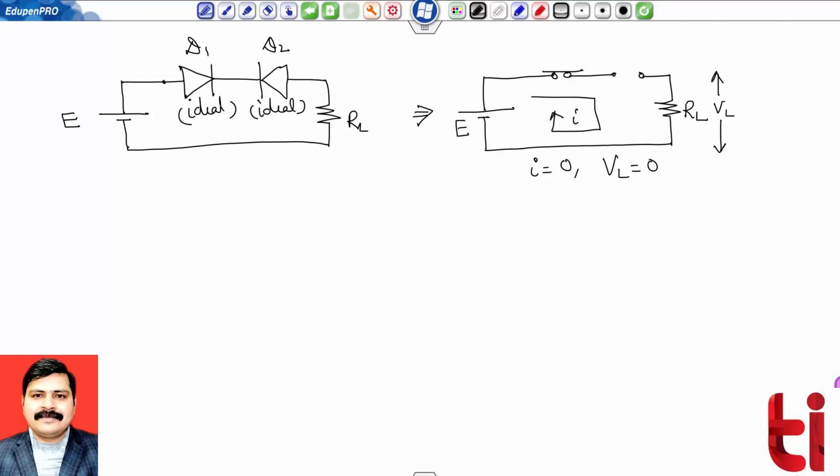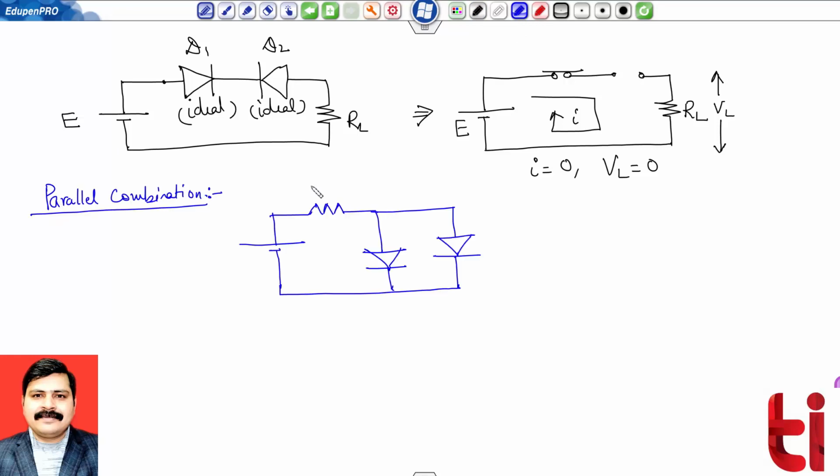Now let us discuss parallel combination. Suppose this is my resistance R, external battery E, diode D1 and diode D2, and both diodes are made up from silicon. First thing, you can check both diodes have been connected in parallel configuration.